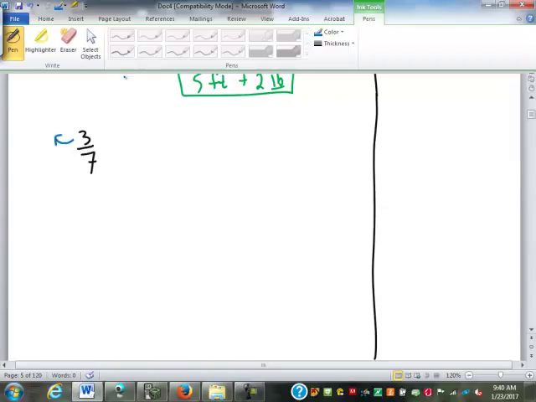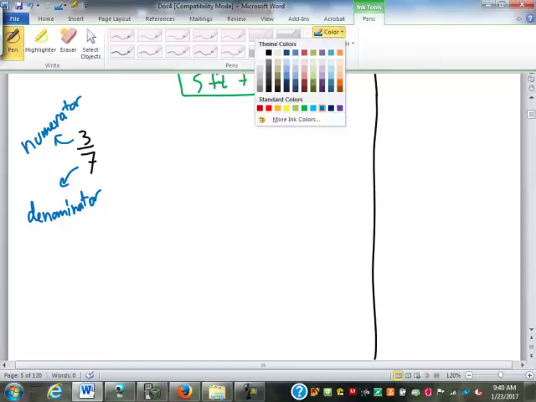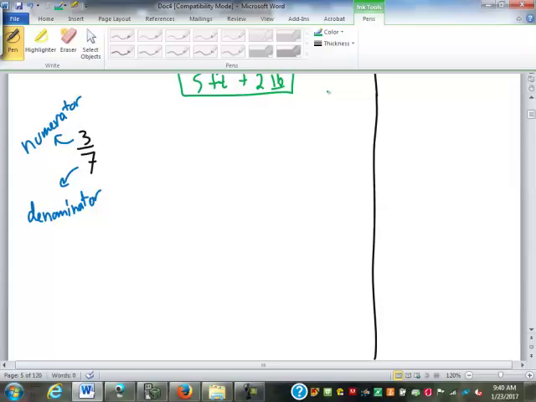The top number of a fraction is called what? Numerator. The bottom number? Denominator. Well, numerator means numerate. If we look at every 10 years in this country, we send out people to do the census.